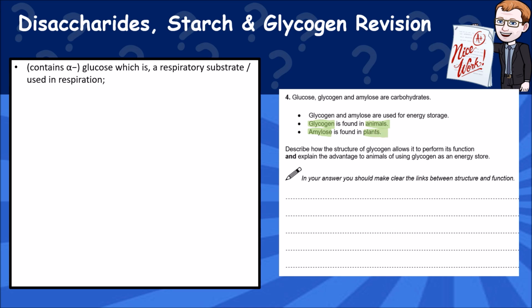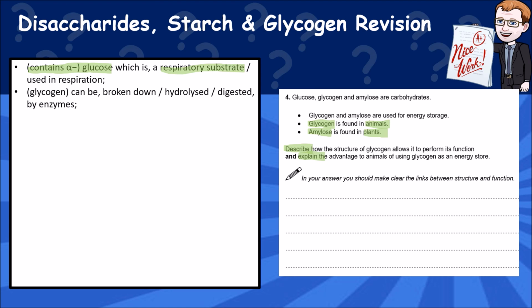So we're looking at describing how, so the key thing there is describe how the structure of glycogen allows it to perform its functions and explain the advantages of using glycogen as an energy store. So the point is, you're not just describing it or just explaining it, you've got to do both. So you need to talk about the fact that it contains alpha glucose, which is a respiratory substrate.